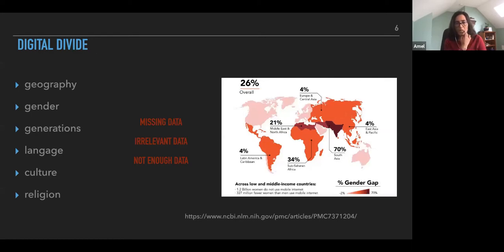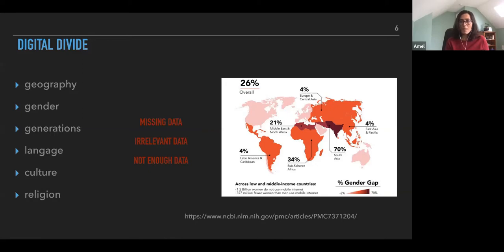So I'm going to use these 6 different axes that could help understand a little bit the digital divide. So we obviously talk a lot about disparities in terms of access to technologies in different parts of the world, and it is especially the case in low and middle income countries.